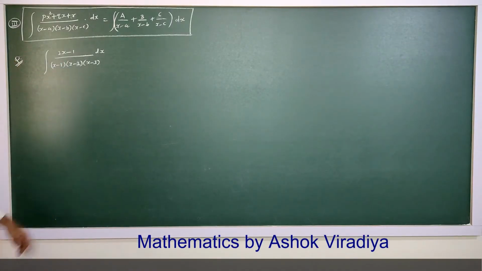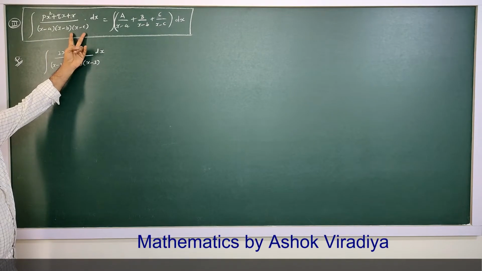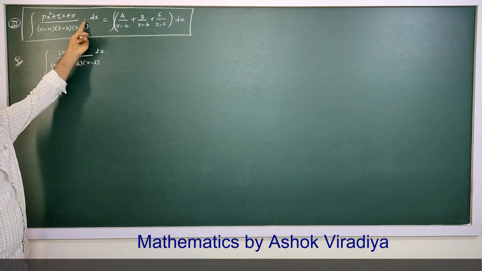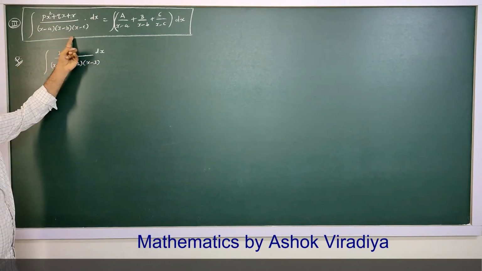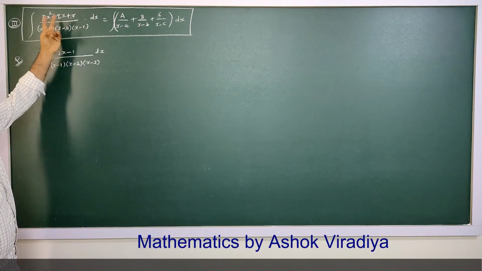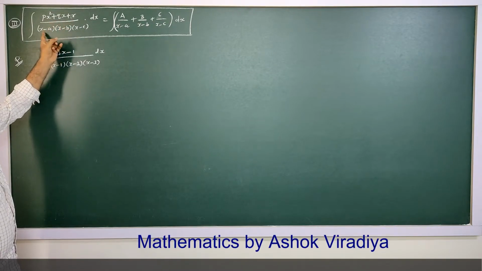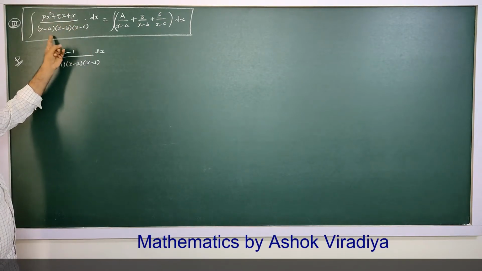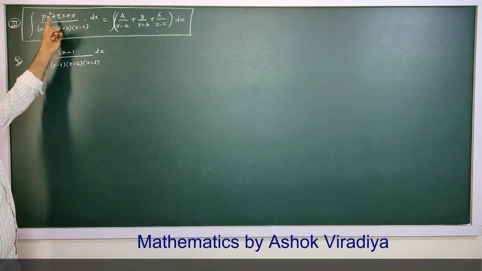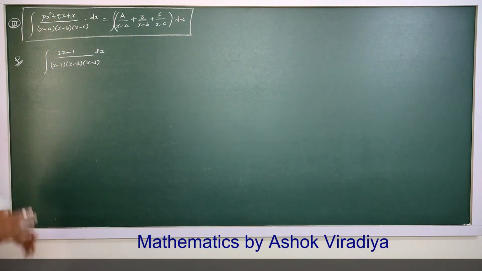Now variety 3. There are 3 linear factors. This is a cubic polynomial. The numerator is a quadratic polynomial, it can also be linear. So the degree of the denominator is more than the degree of the numerator. So this is a proper rational function.